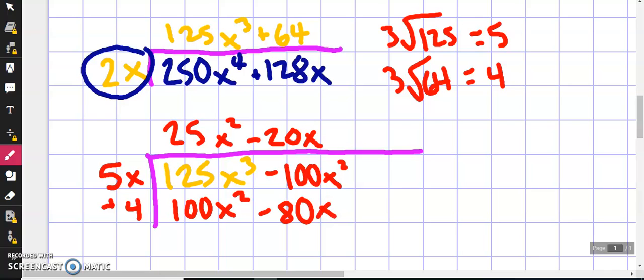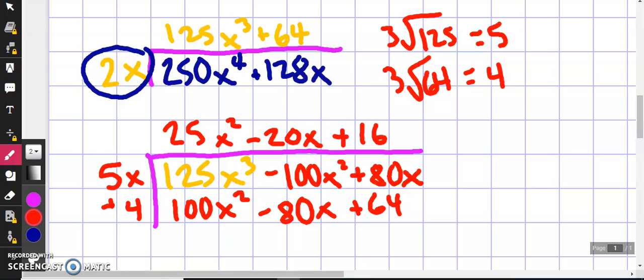I need a plus 80x to cancel it out since I don't have any x's by themselves in what I'm factoring. 80 divided by 5 is 16, and 4 times 16 is 64, which matches the final value in my original expression.